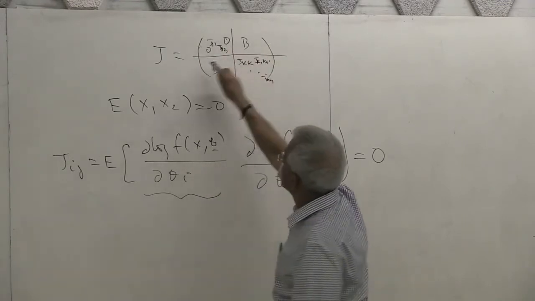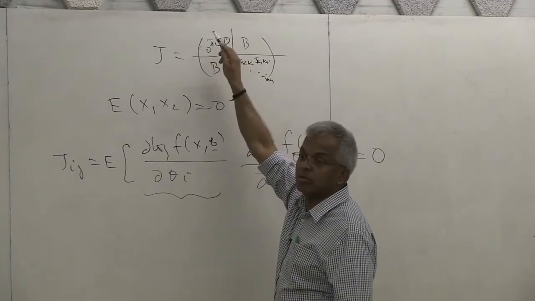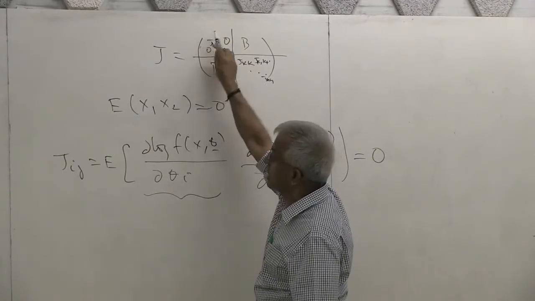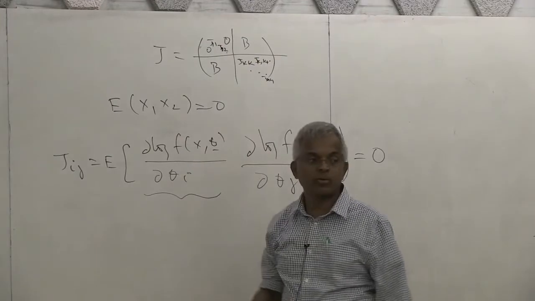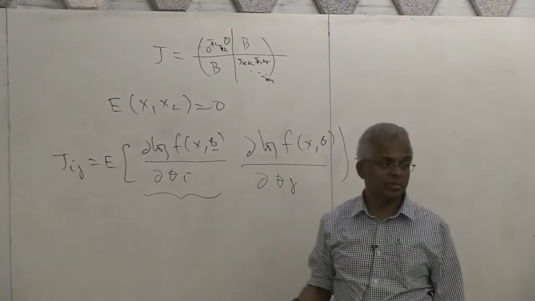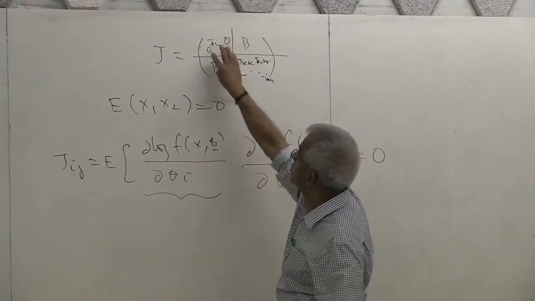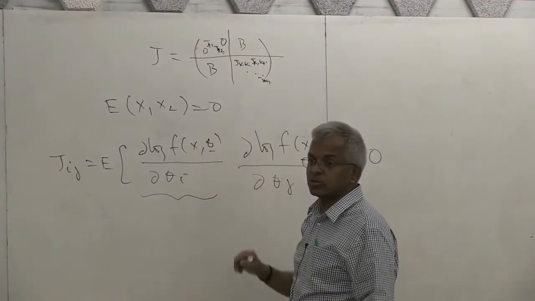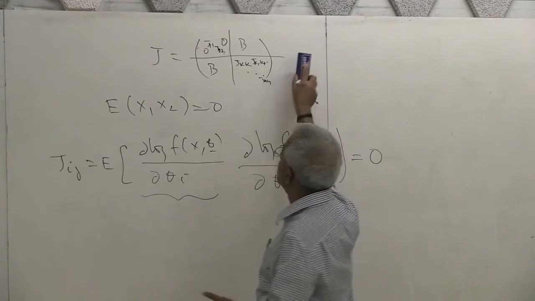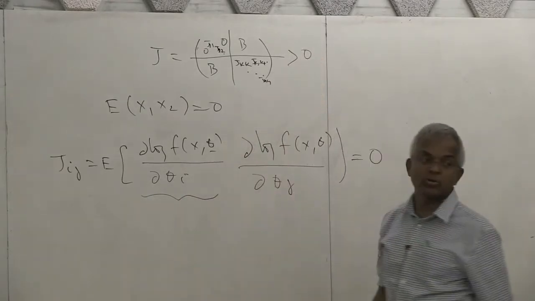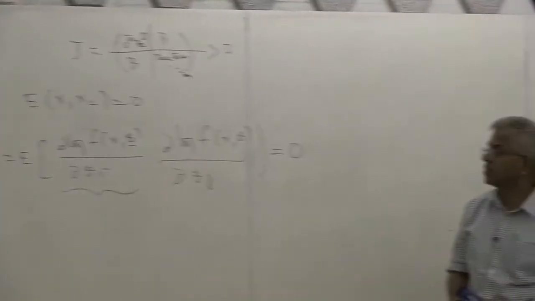What I'm trying to say is that a piece of it may be block diagonal, and another portion may be filled up. You can have all sorts of situations, right? That means among some of the Jijs this is true, but for some of them it is not true. Anything can happen. So it all depends on your problem.